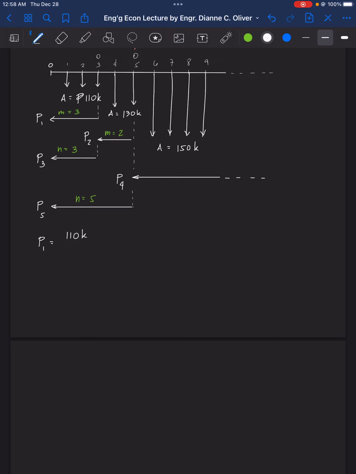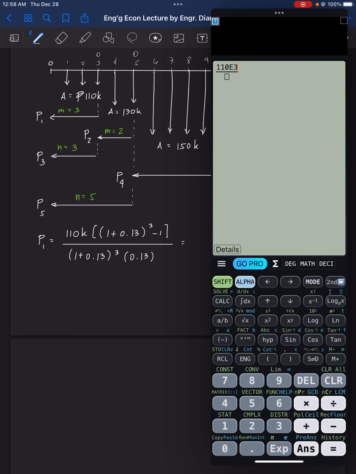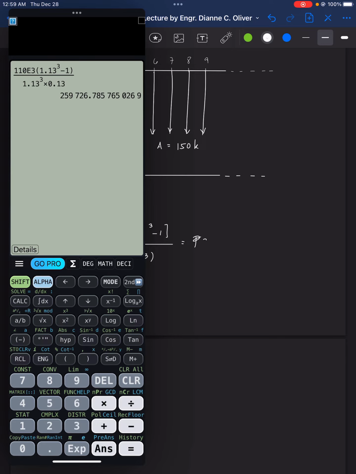Present worth of annuity, 110K, 1 plus 0.13 raised to the power of 3 minus 1 all over 1 plus 0.13 raised to 3 times 0.13. So that is 259,726.78.